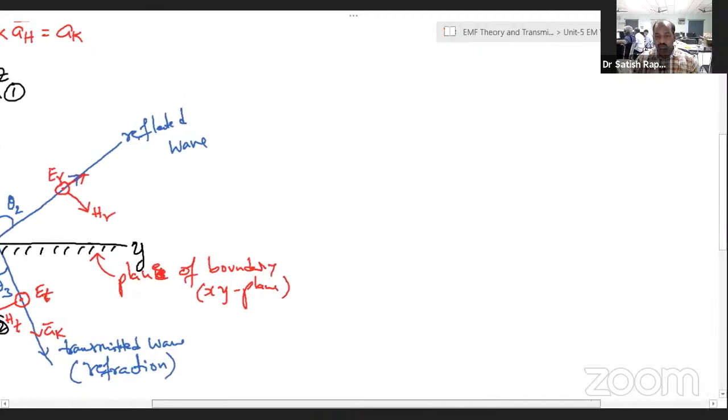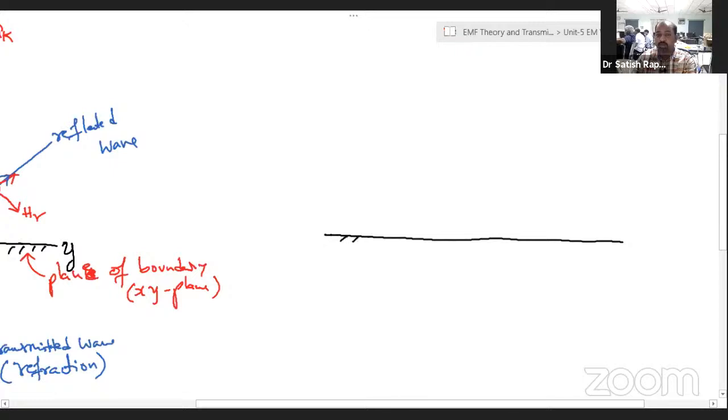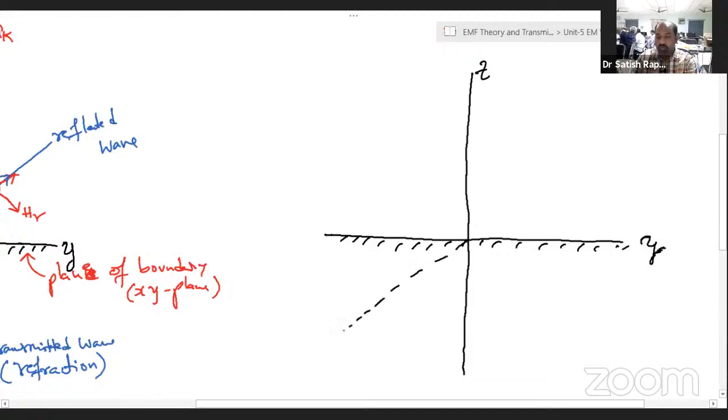Now I will draw one more figure here, then you could understand very clearly the difference, right? So this is the boundary, this is the vertical axis, so y, this is the z axis, and this is as usual the x axis.